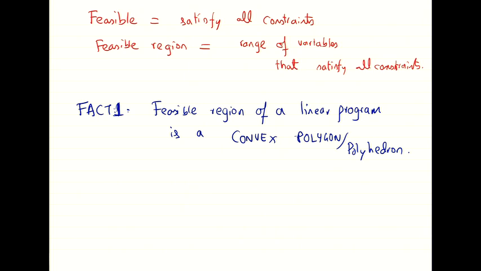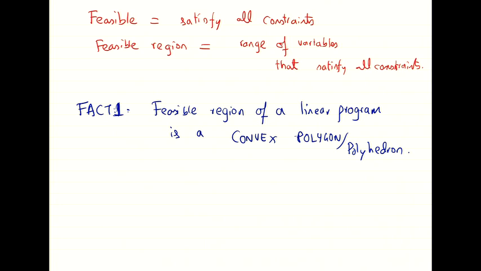Okay? A feasible region of a linear program is a convex polyhedron. Let's think of 2 dimensions for now, just a polygon. And the key word here is convex.